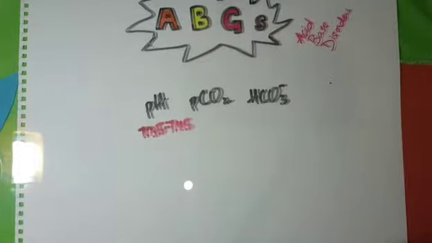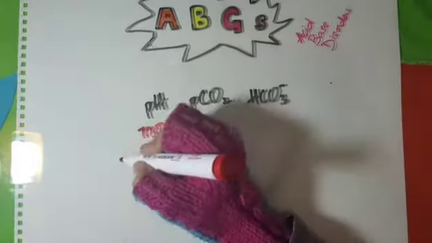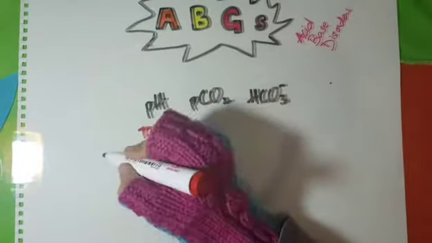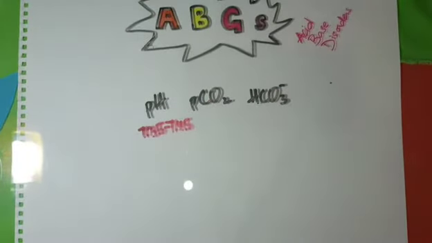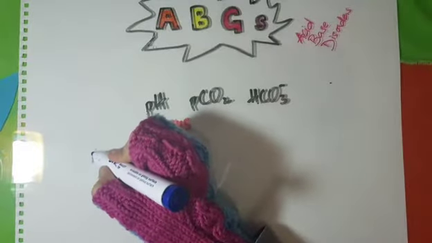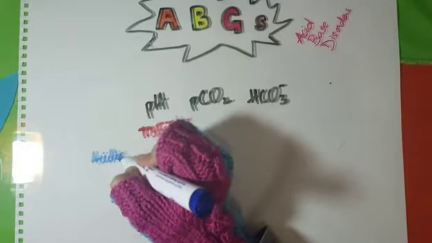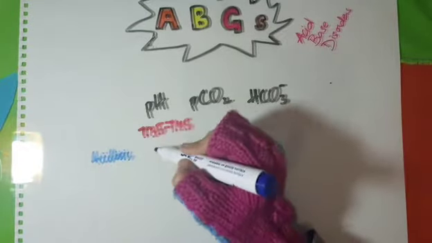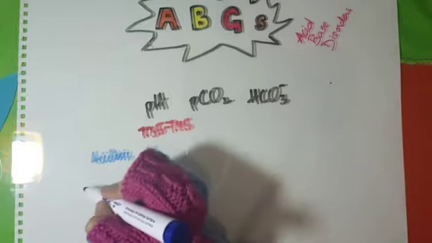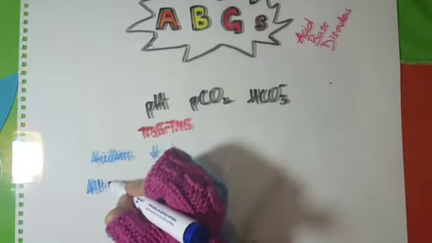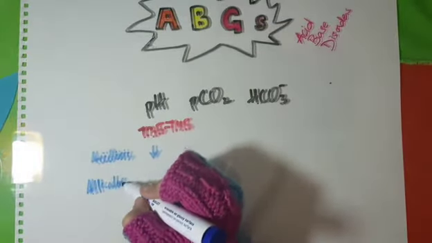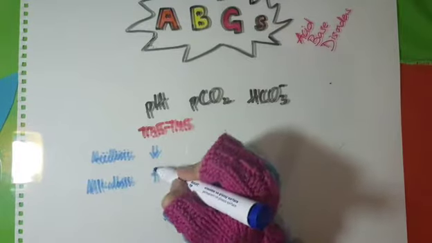Let's write acidic here. Acidosis occurs when the pH is low, and alkalosis, the alkaline environment, occurs when the pH is high.